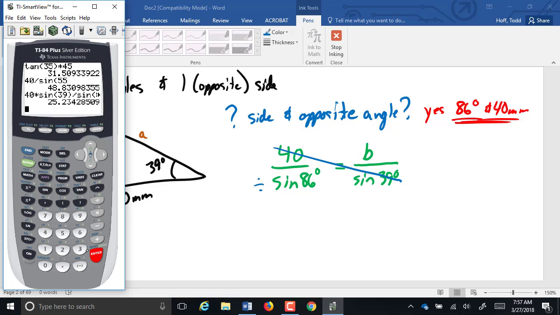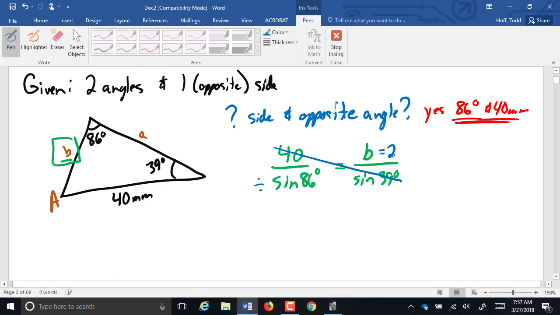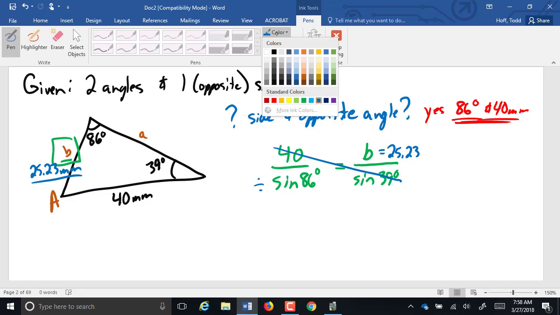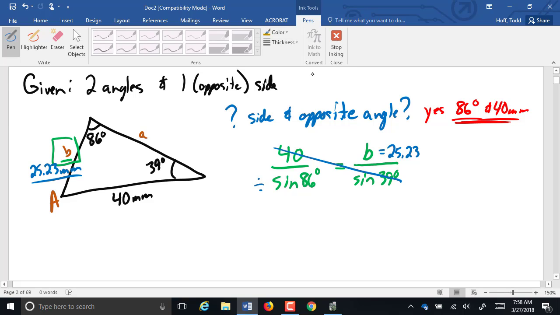I get 25.23 as the length of B. So we're calling it 25.23 millimeters. Now, since we were given two angles here, finding the third angle, in this case angle A, is pretty simple. It's what? How did I get 55 degrees?